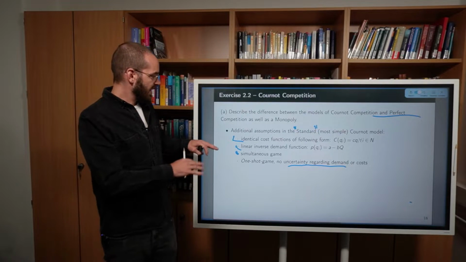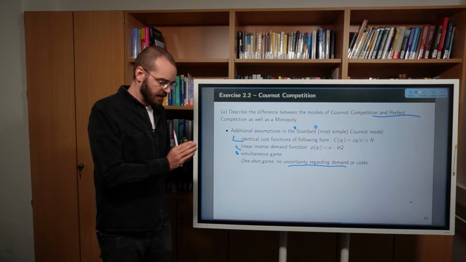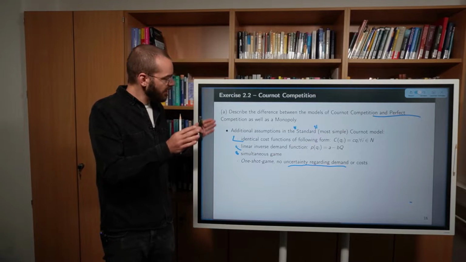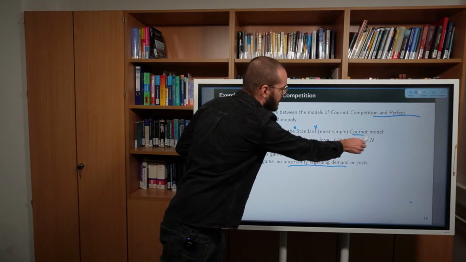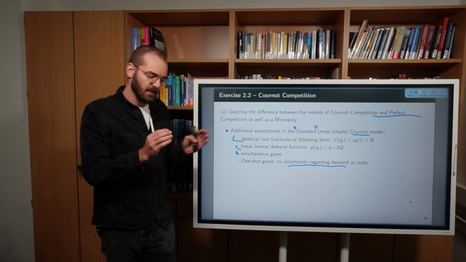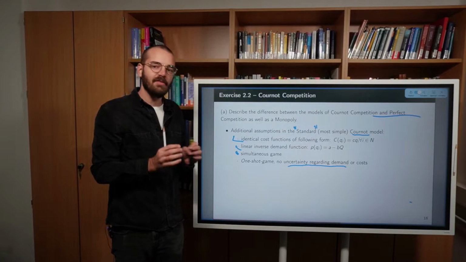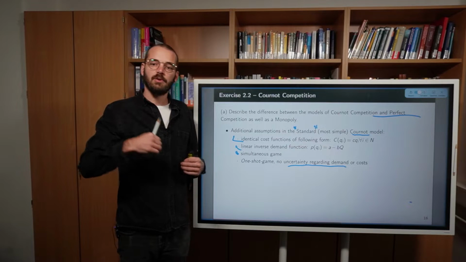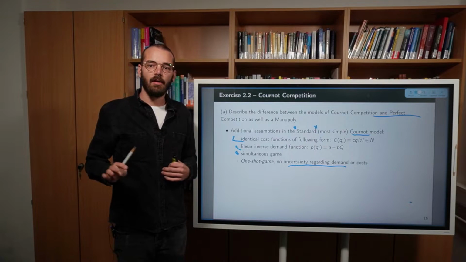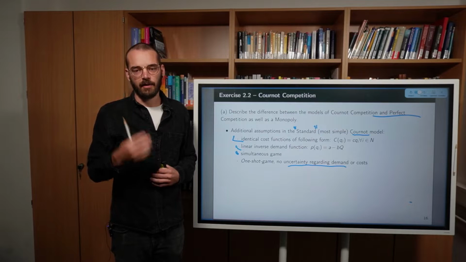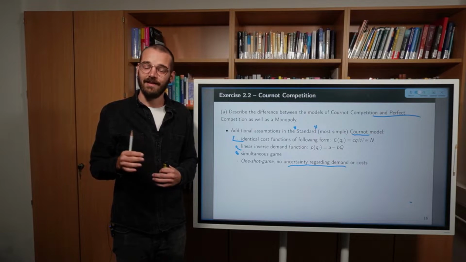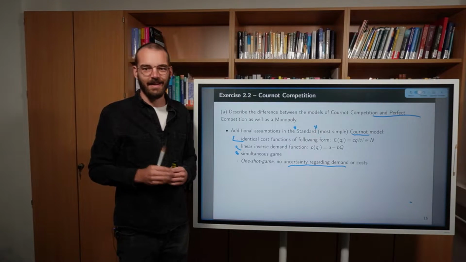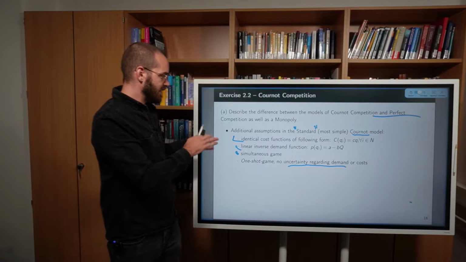So this slide really shows that we are building a very simple Cournot model in which we assume away everything that might make our calculations even in the slightest way more complicated.